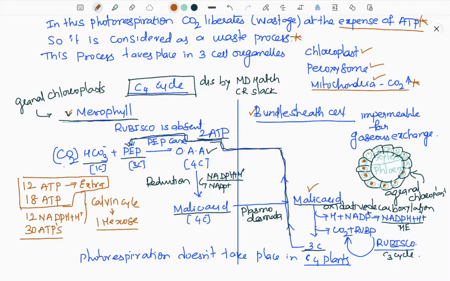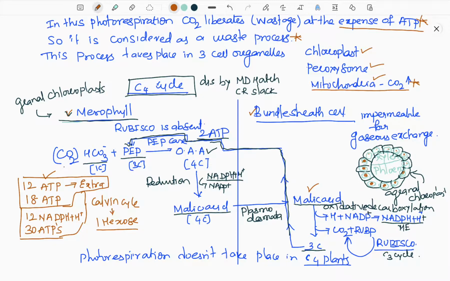That is done by PEPcase from mesophyll cells. So to produce PEP, 2 ATP should always be consumed, so that it is spending 12 ATP extra for one hexose molecule. So total it is 30 ATP it is spending to form one hexose molecule.